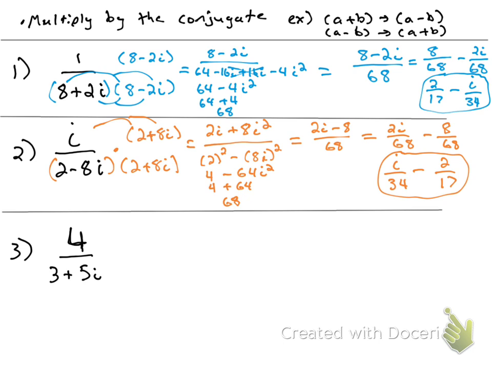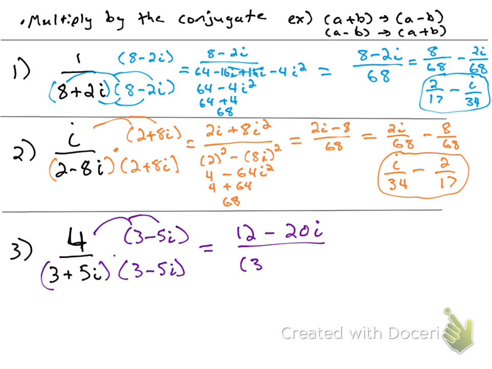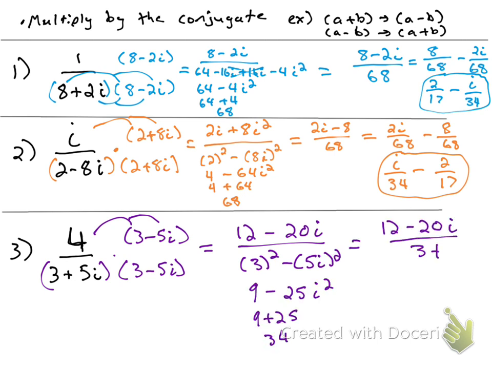Try and do number 3. So you should have gotten 6 over 17 minus 10i over 17.